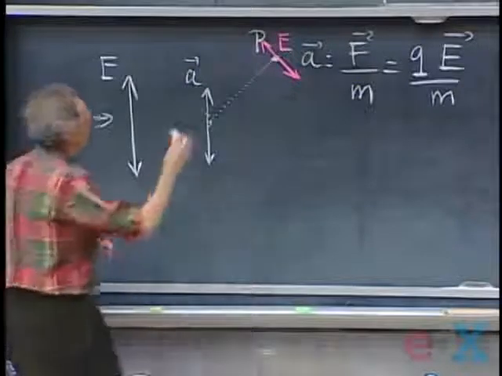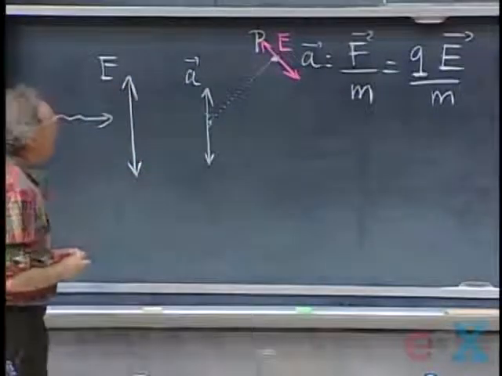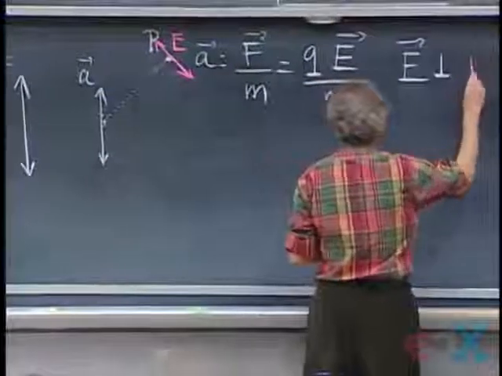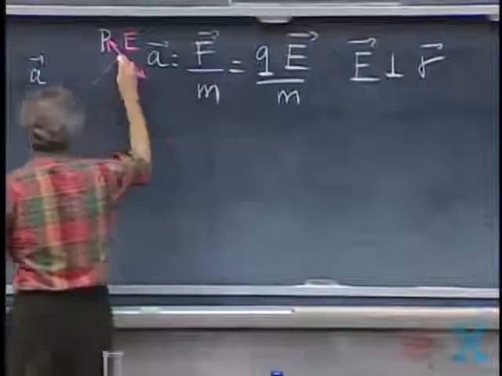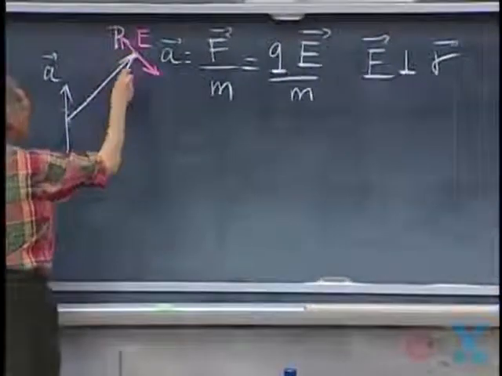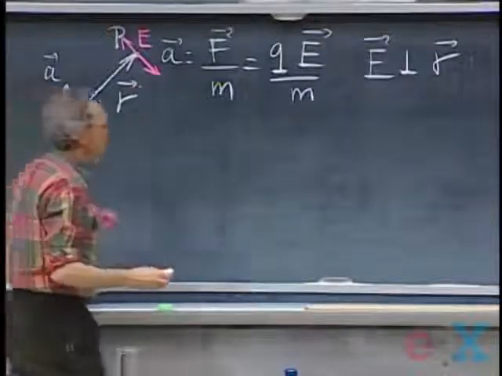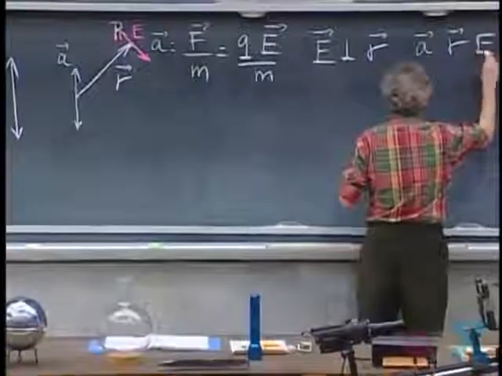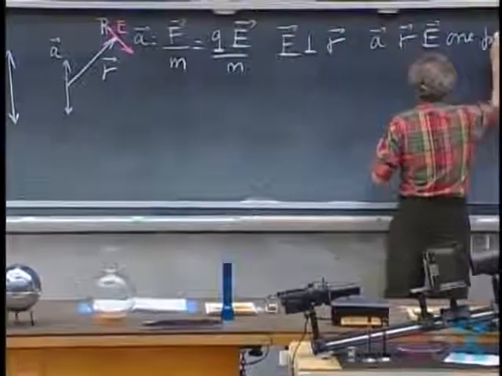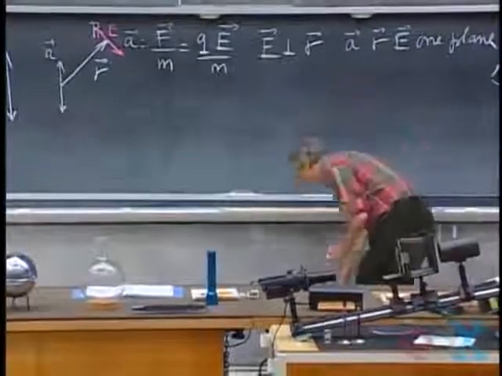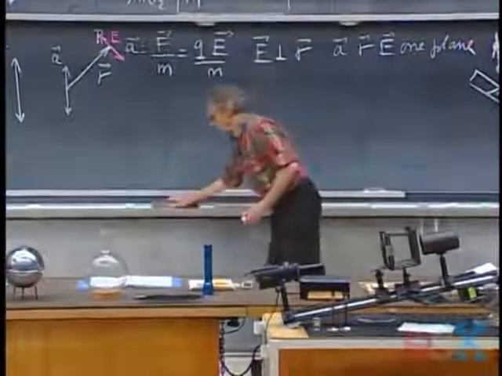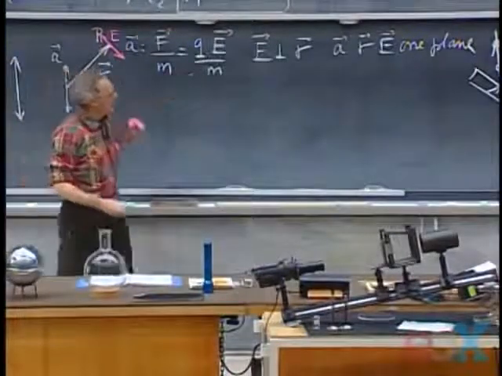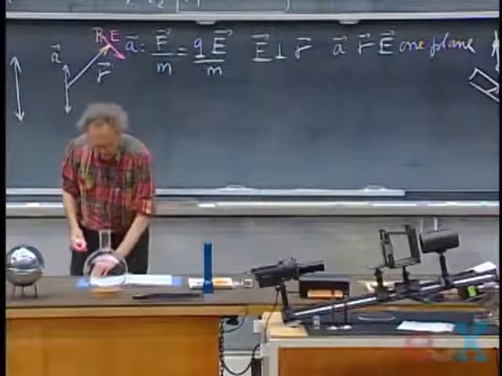The rules about this direction of the electric field are very simple. E is always perpendicular to the direction of propagation, which is the position vector. I call this the position vector R. And the second rule is that A, R, and E are in one plane, and that happens to be, in this case, the plane of my blackboard. But of course, that doesn't have to be the plane of the blackboard, because I can choose my point P in space here, and these rules still apply.